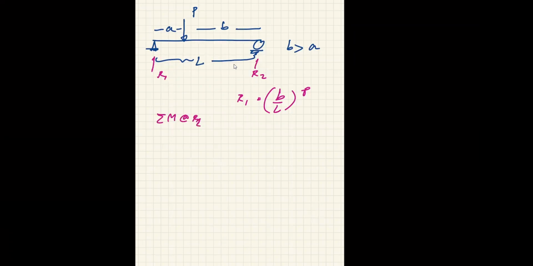When you take the moment at R2, you're going to get P multiplied by B minus R1 multiplied by L equal to 0. So R1 is P B over L. See that? Do you see that?